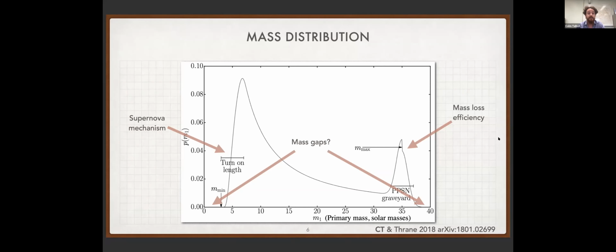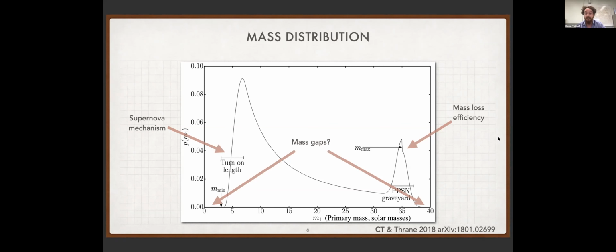In addition, close to the edges of the mass distribution, we have extra tunable parameters like a turn-on length, which may be influenced by the supernova mechanism for these lower mass black holes forming. At high mass, the exact position where the turn-off happens is going to be determined by mass loss efficiency, which can be tied into things like the metallicity of the stars previously.